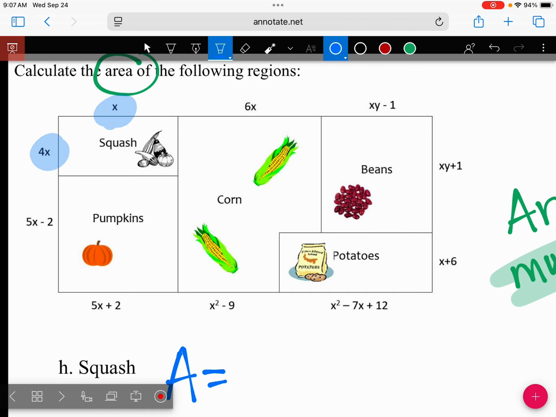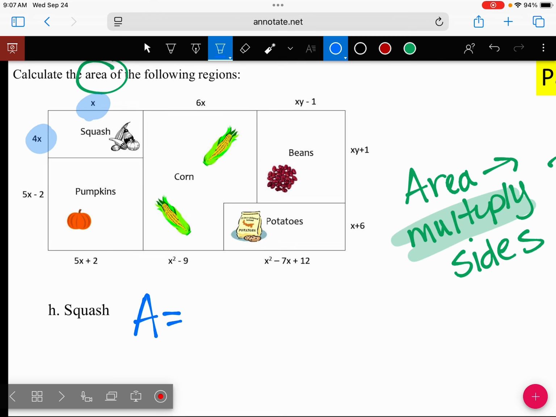So we're going to take 4x times x. And what do you think you get? What is 4x times x? 4x squared. Good job. That would be the area of the squash. Any questions?